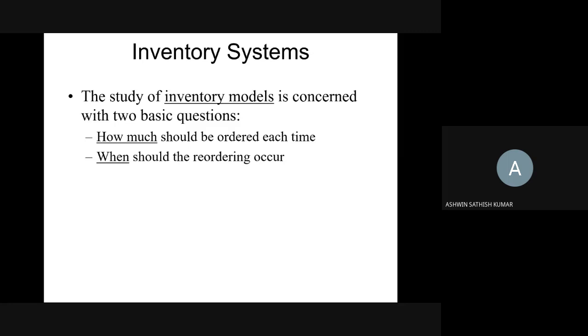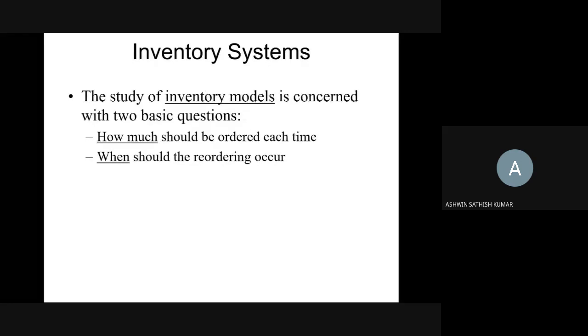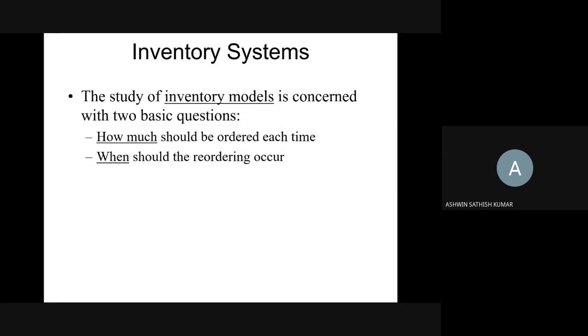How much we should order, and when should we reorder? Means when we should procure how much items. That we have to answer according to the given constraints for the studied system. So in this chapter, we will answer these two questions.